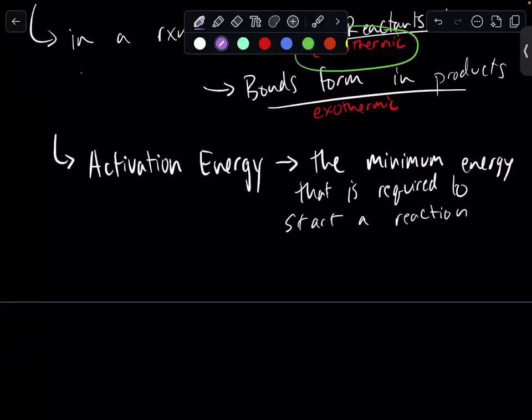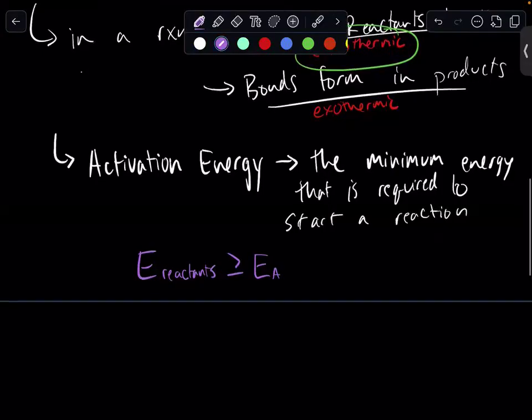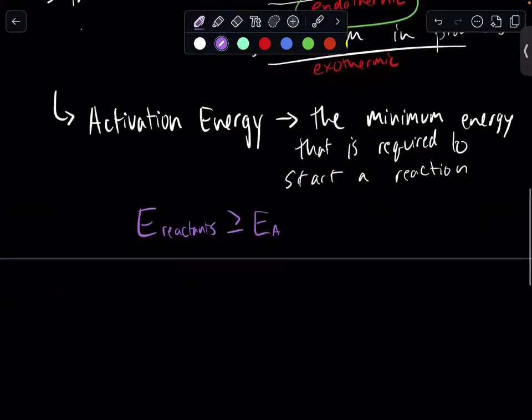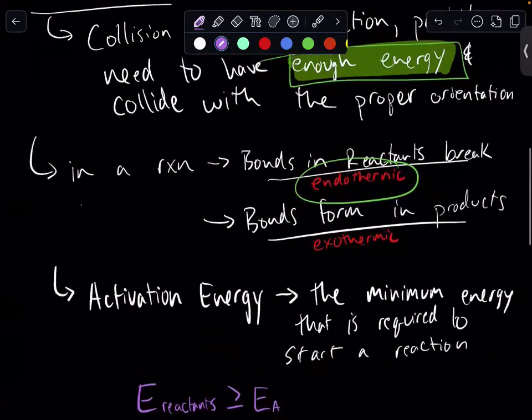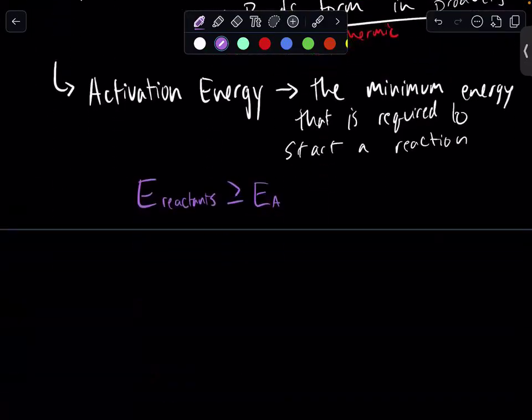We mean that the energy of the reactants is going to be greater than or equal to the activation energy. So once we achieve that energy, our reaction can begin. All right. So with that out of the way, let's really talk about what we mean by energy as well as what we mean by orientation.